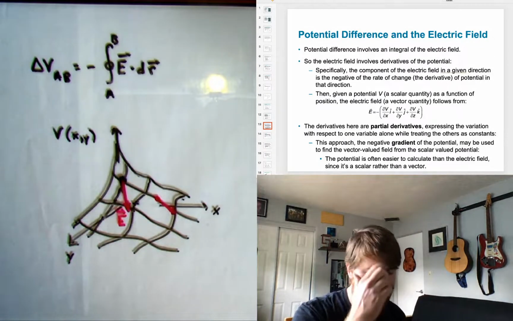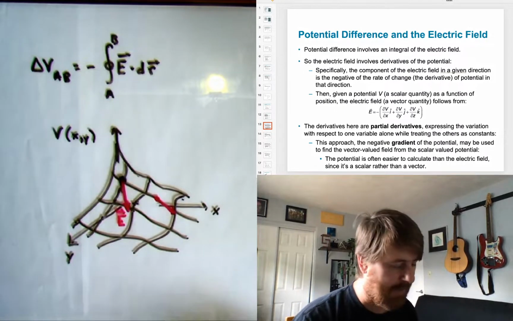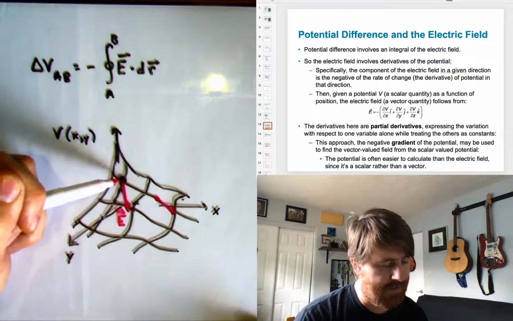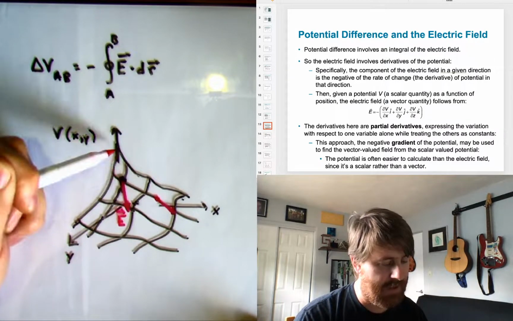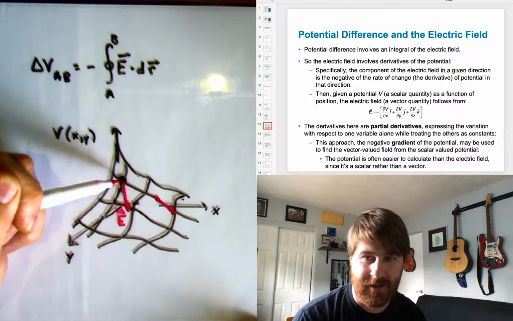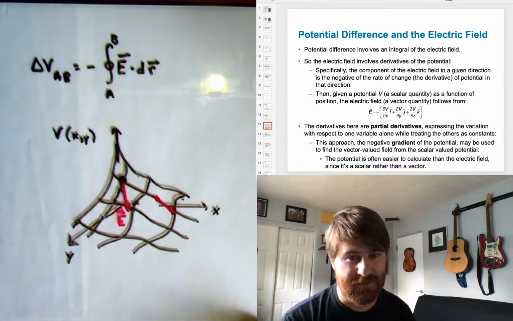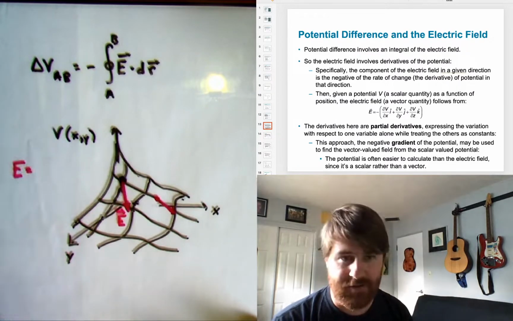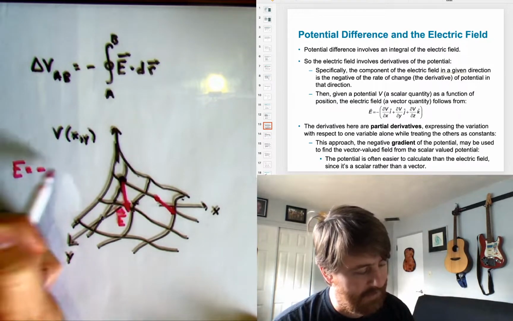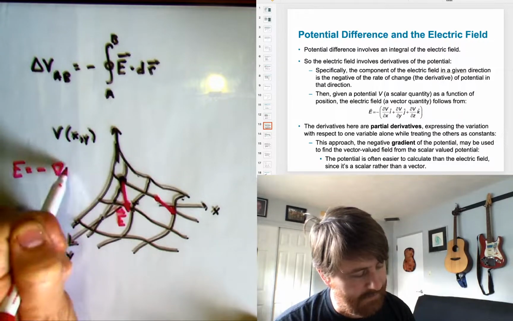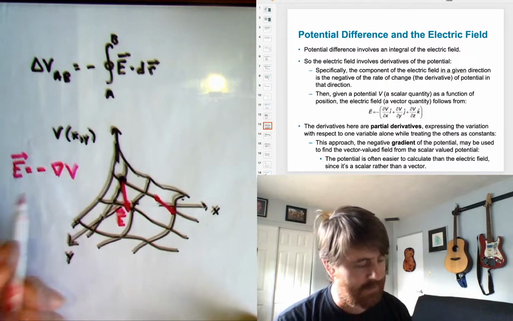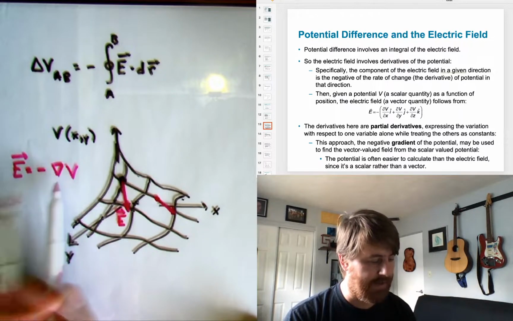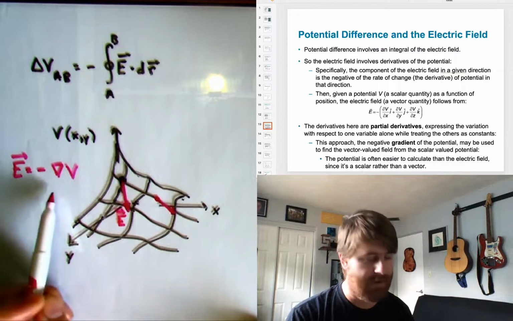Okay? So in order to get that, I need to take gradient. And gradient is an operator that gives me the direction of steepest increase. But I'm really looking for steepest decrease. So I can write that E is not gradient, but minus gradient of V. This is a vector. This is a scalar. So what does a gradient, this upside down triangle, mean?